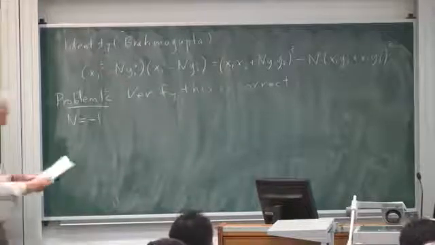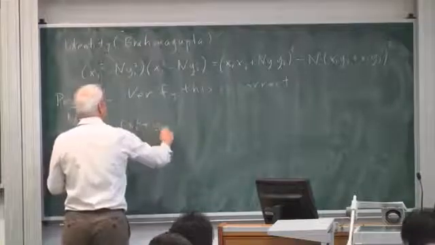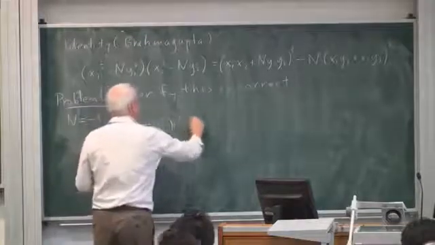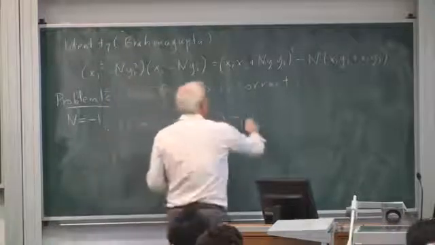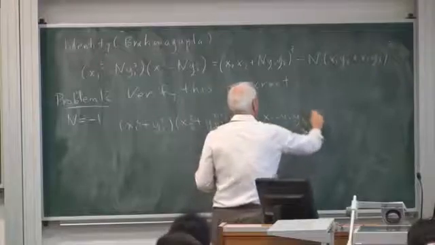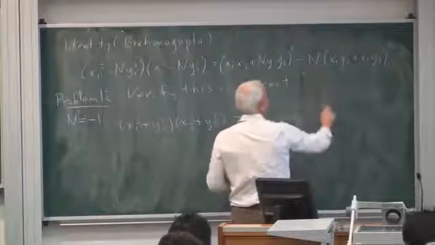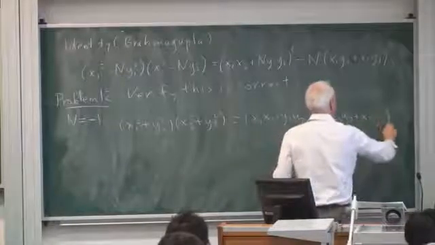In case n equals minus 1, this becomes (x1² + y1²)(x2² + y2²) = (x1 x2 − y1 y2)² + (x1 y2 + x2 y1)².